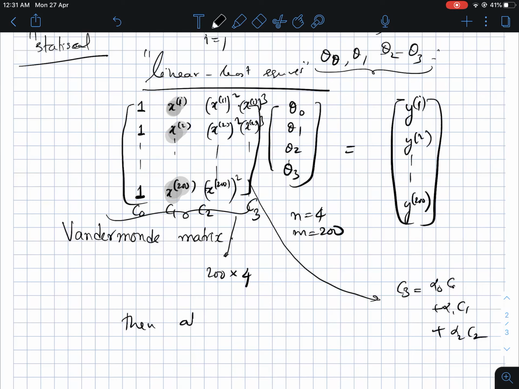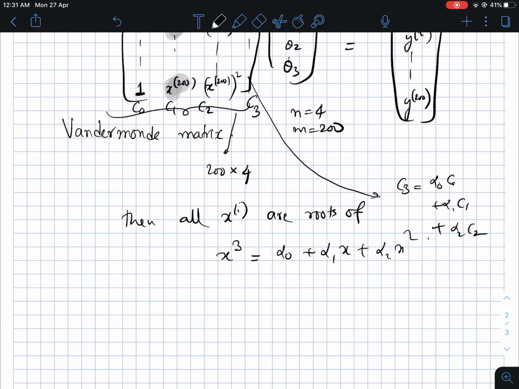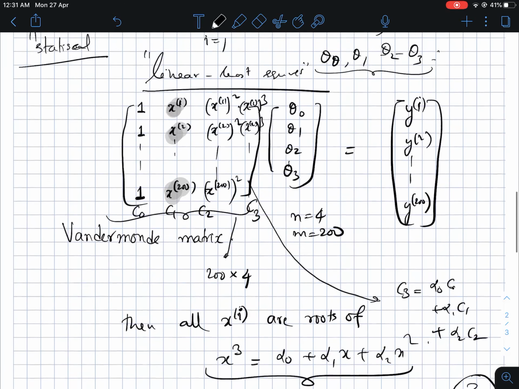Then all the xi are roots of the cubic x cube equal to alpha naught plus alpha 1 x plus alpha 2 x square. Okay, but you know that a cubic can only have 3 roots, 3 distinct roots, cannot have more than that.